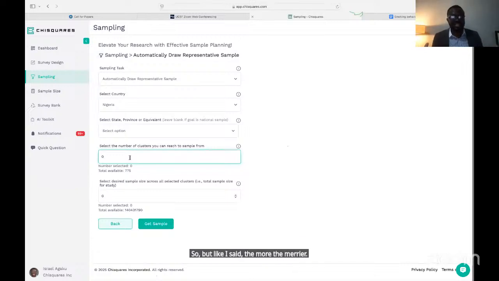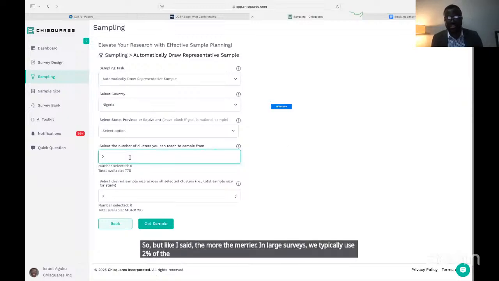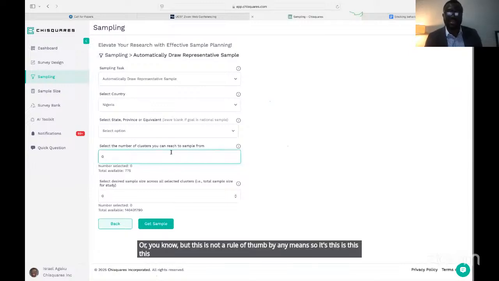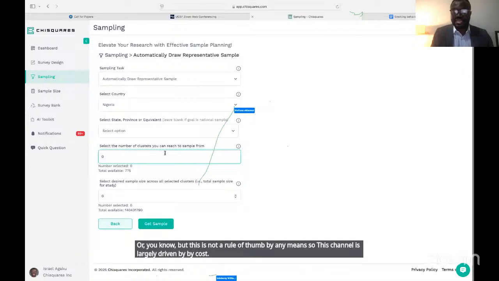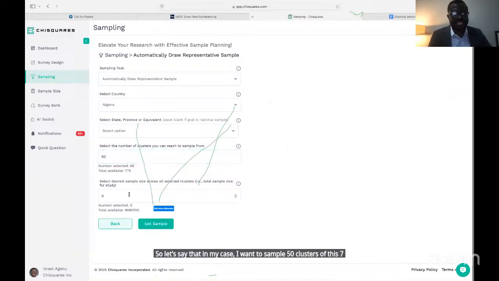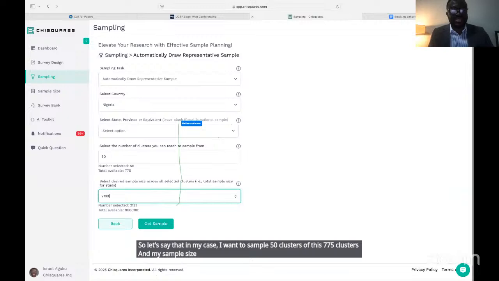In large surveys, we typically use between 1% and 2% of the clusters in the particular location, but this is not a rule of thumb by any means. So this decision is largely driven by cost. So let's say that in my case, I want to sample 50 clusters of these 775 clusters. And my sample size was, let's say, 2,133 people.